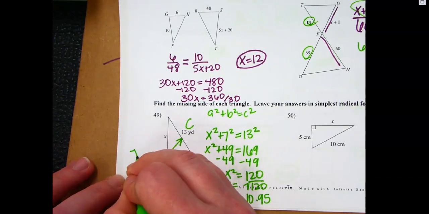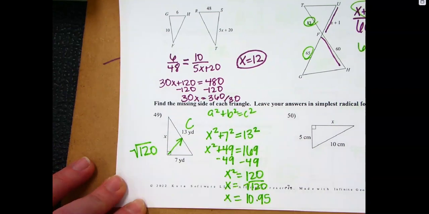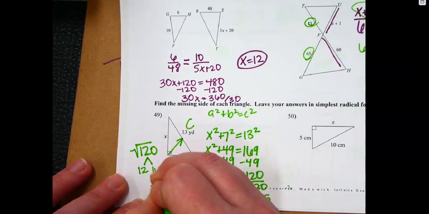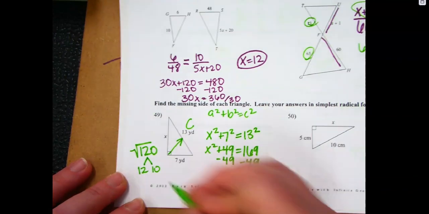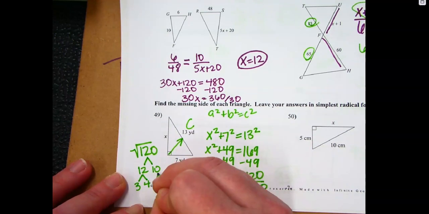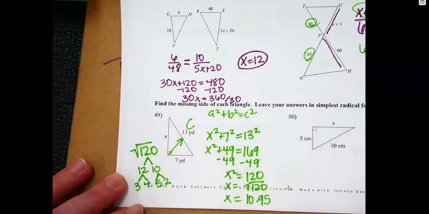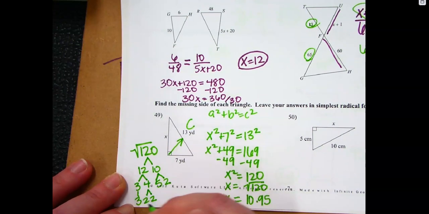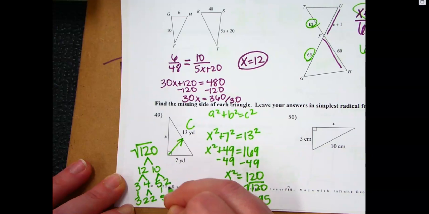But with the radical as 120, you could break that down using your prime factors or go to a perfect square. If you just use some factors, you could do 12 and 10. Then you split 12 up to 3 and 4, 10 to 5 and 2, and then 4 to 2 and 2. So you've got 3, 2, 2, 5, and 2.